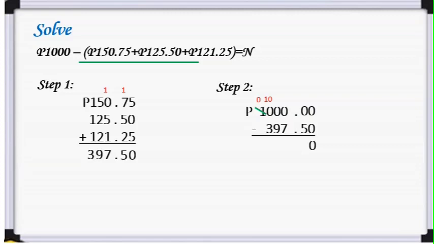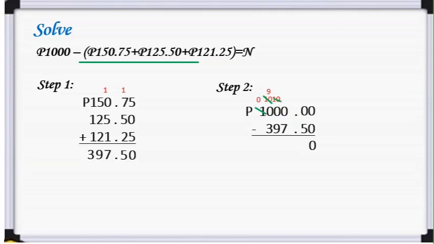Since the number beside the 0 is also 0, we need to regroup again. Let us borrow 1 from 10, and then it will become 9, and 0 will become 10. So we need to borrow again because the digit at the right of 10 is also 0.